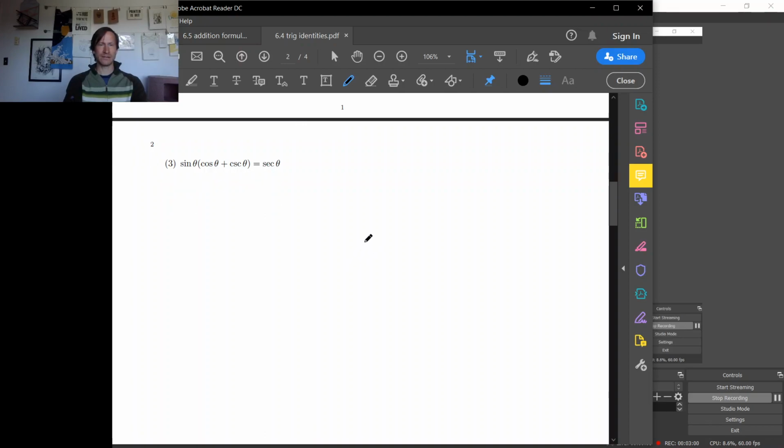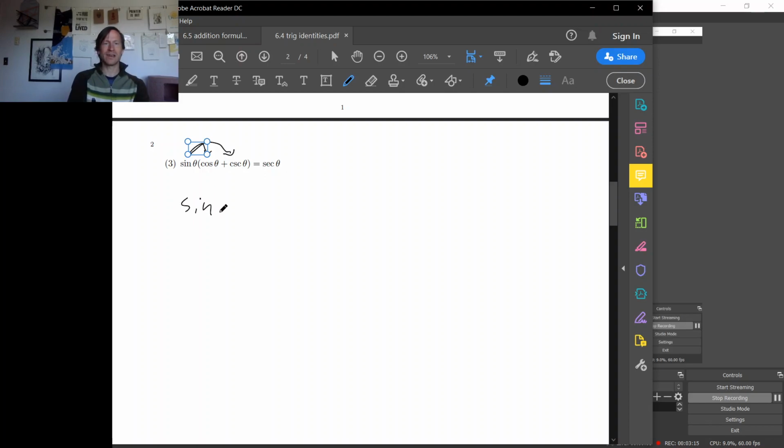All right, so let's see. Looking at this supposed identity, on the left-hand side, I have a clear idea for what we could do to start out with. We could just start by distributing here. So let's do that and see what happens.